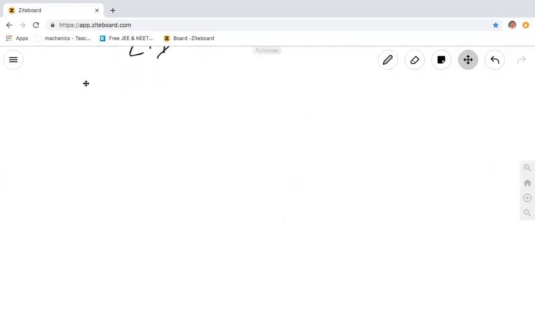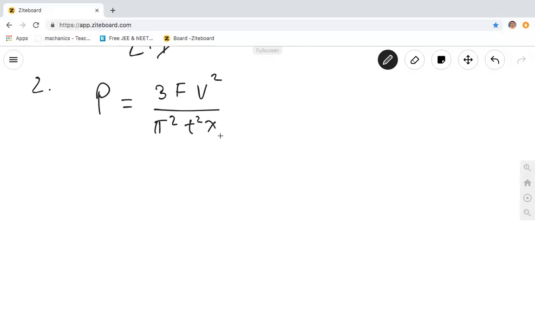Now let me go to the second one. The second one was P equal to 3f v square by pi square t square x, and we have to check the dimensions. It is pressure.